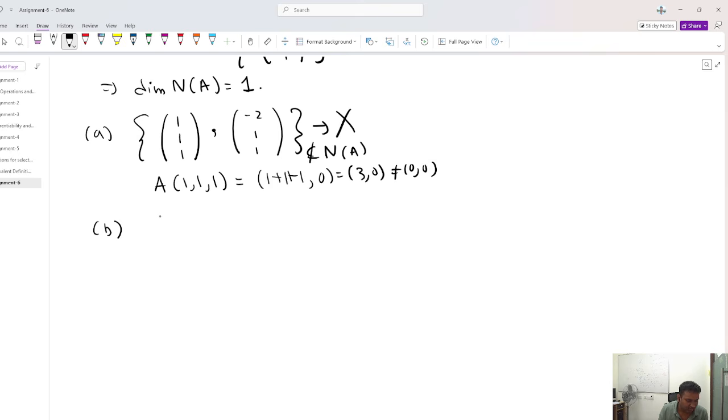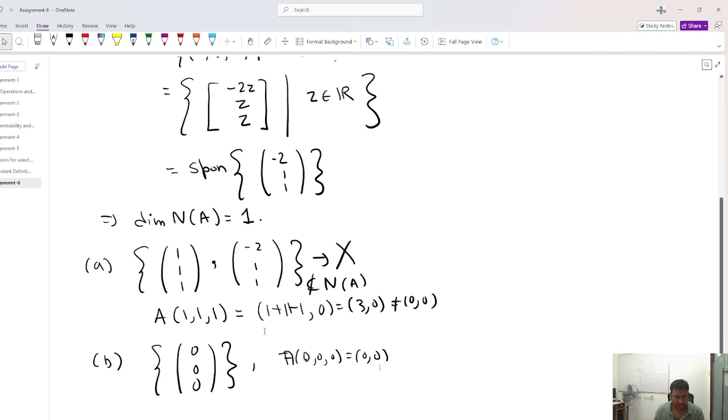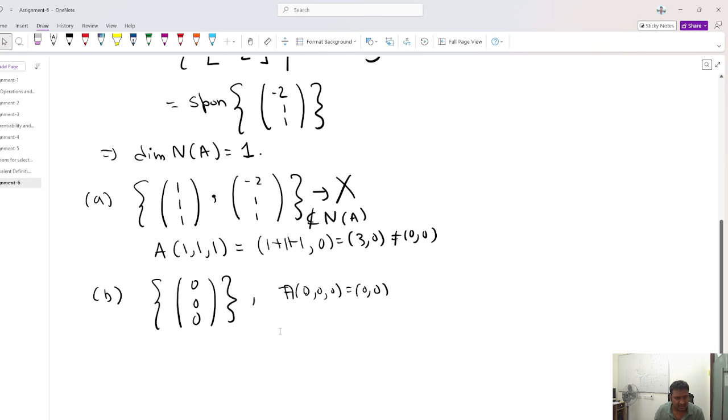Now you have another option, 0, 0, 0. Well, guys, definitely it's in the null space, right? A of 0, 0, 0 is 0 comma 0. Is this a basis? What is the span of this, guys? Span of the 0 vector is always the 0 vector.